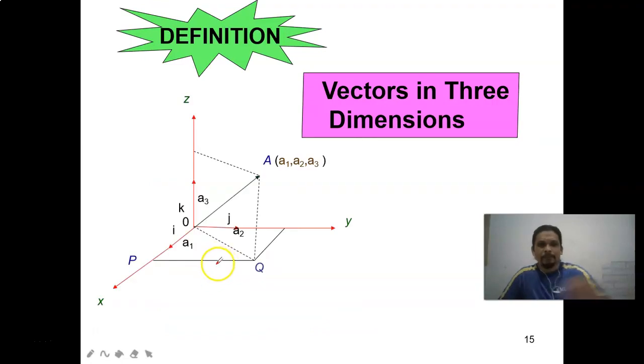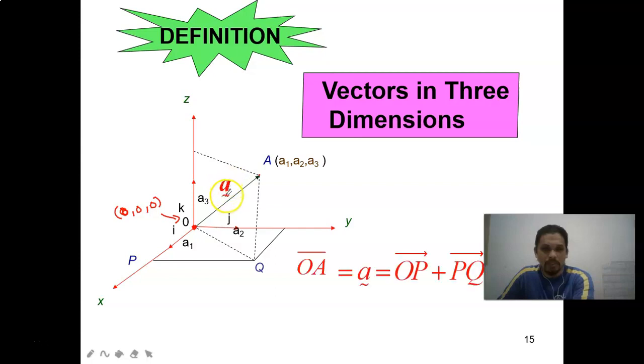Now, when given to us the vectors in 3 dimensions, look at the definition here. This is the point of origin 0, 0, 0, with a coordinate of 0, 0, and 0. So then, from O to this point A, we denote as a vector A here.